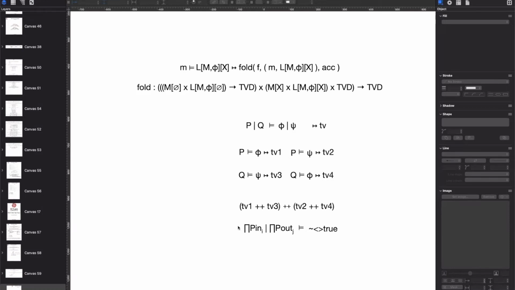But the point here is that this isn't just about processes, right? These are any terms for which are terms in some rewrite system, right? So this signature is completely generic, right? It's parametric in M, it's parametric in phi, right?